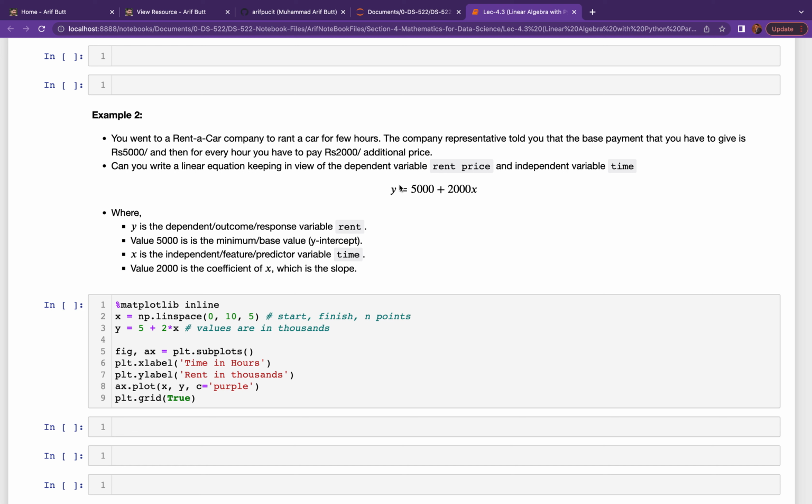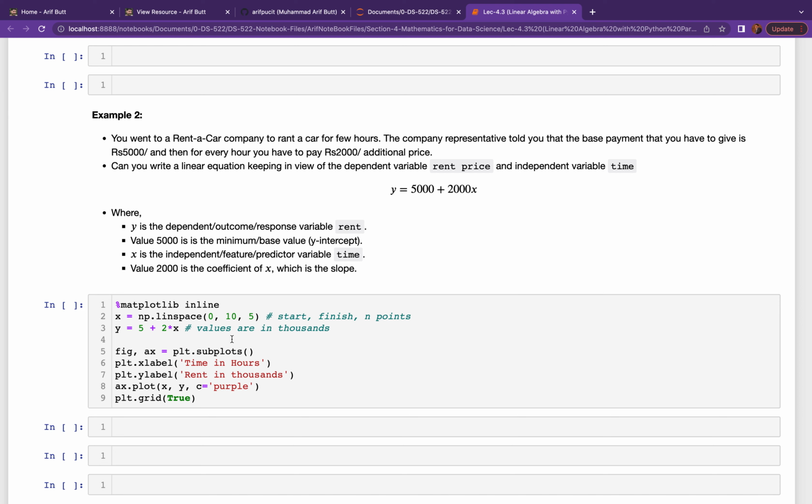So y is the dependent or the outcome or the response variable, which is actually the rent price, and this value 5,000 is the minimum or the base value. This x is actually the independent or the feature or the predictor variable. This is time, and this value 2,000 is the coefficient of x, which is the slope.